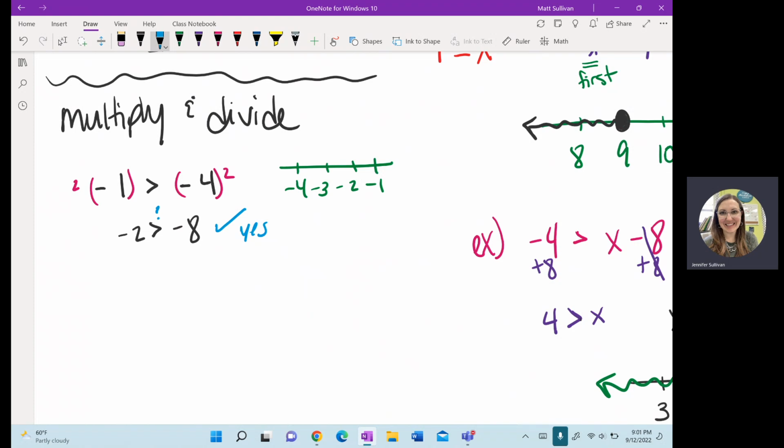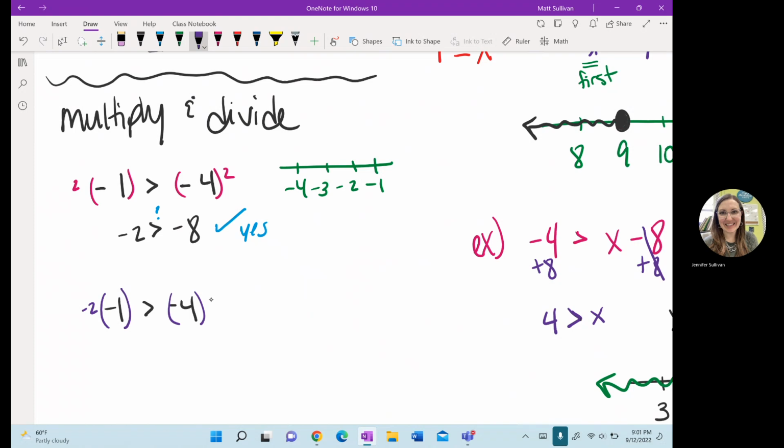That is still a true statement. So multiplying doesn't change it. Ooh, but wait a minute. What if I keep the same original inequality and instead of multiplying by 2, this time I multiply by a -2? What is -2 times a -1? 2. And what is a -4 times a -2? 8.